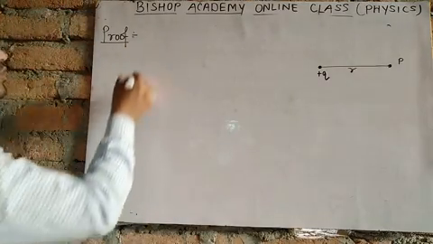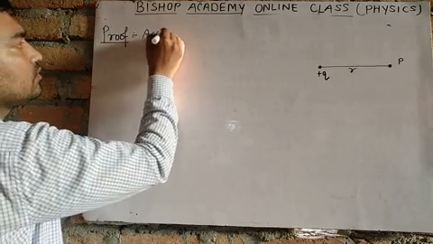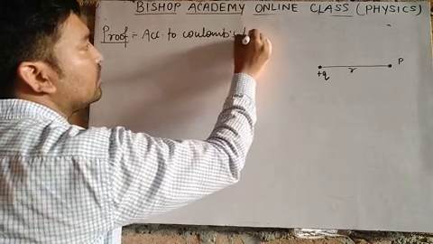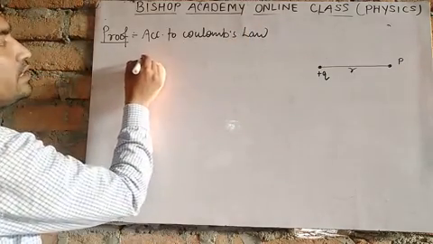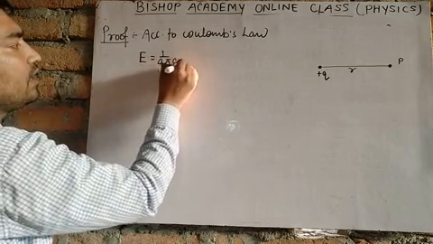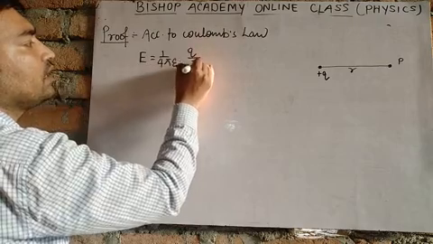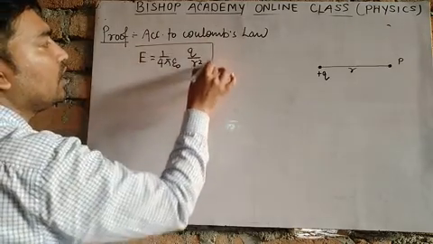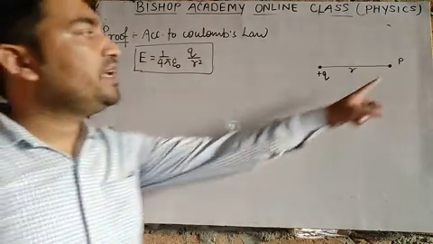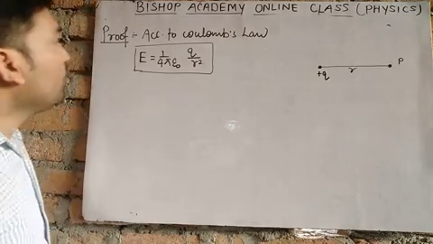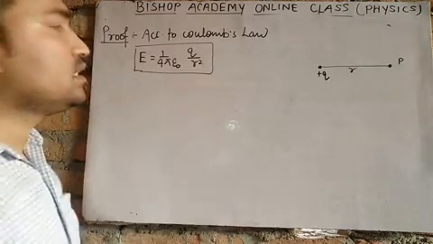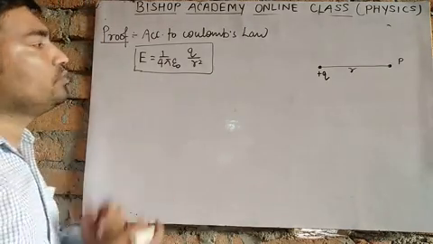Then according to Coulomb's law, electric field E is equal to 1 upon 4 pi epsilon naught Q upon r square. This is the formula according to Coulomb's law at point P due to charge Q. Now we have to find the electric field at point P using Gauss theorem. If both results are the same, then Gauss theorem is proved.